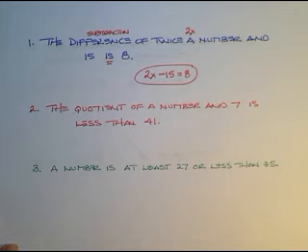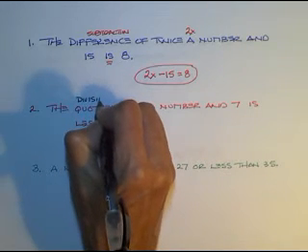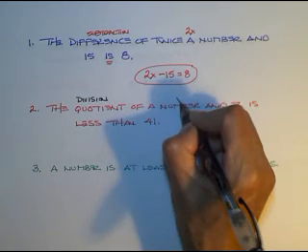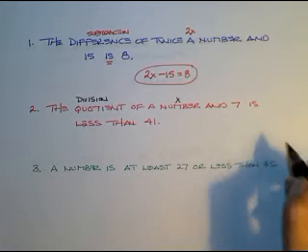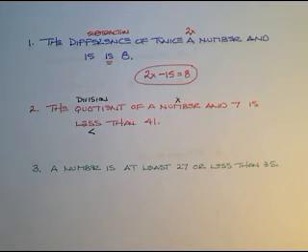Let's look at the second one. Quotient means we're going to use division, because quotient is the solution of a division problem of a number. We'll use x, and 7 is less than. So if it's less than, we're going to use the less than symbol. So quotient of a number and 7.